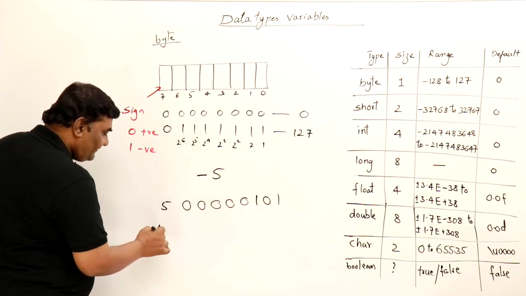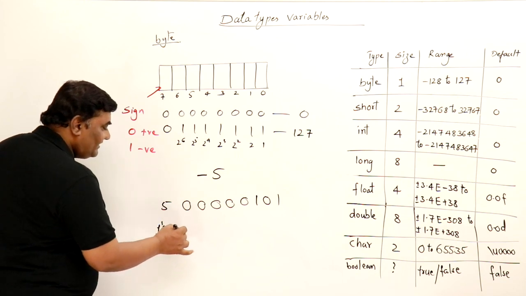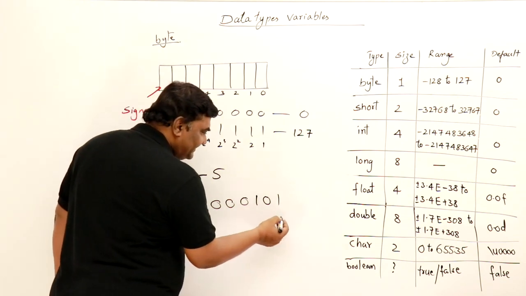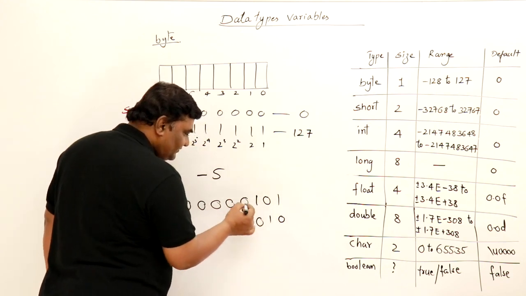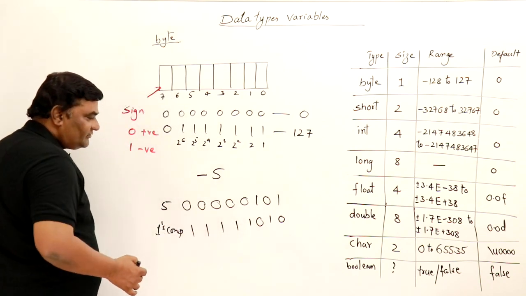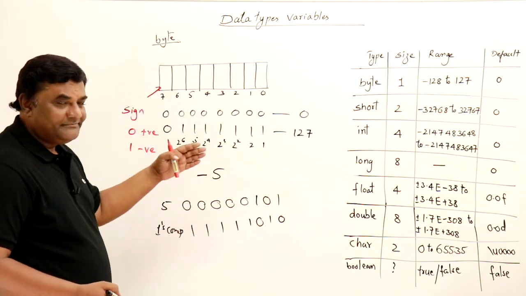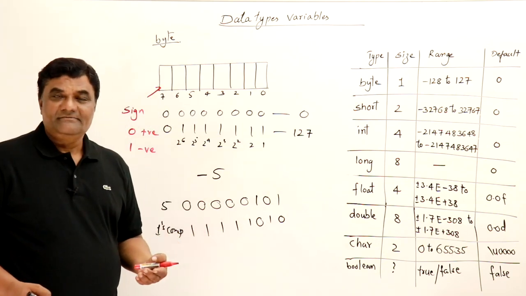Then what is its 1's complement? First we will find out the 1's complement. 1's complement means all these bits are inverted, or the inverse of the bits is taken. So this is 0 and this is 1 and this is 0. This 0 becomes 1, and 1, 1, 1, 1. So zeros have become ones and ones have become zeros. This is called the ones complement.